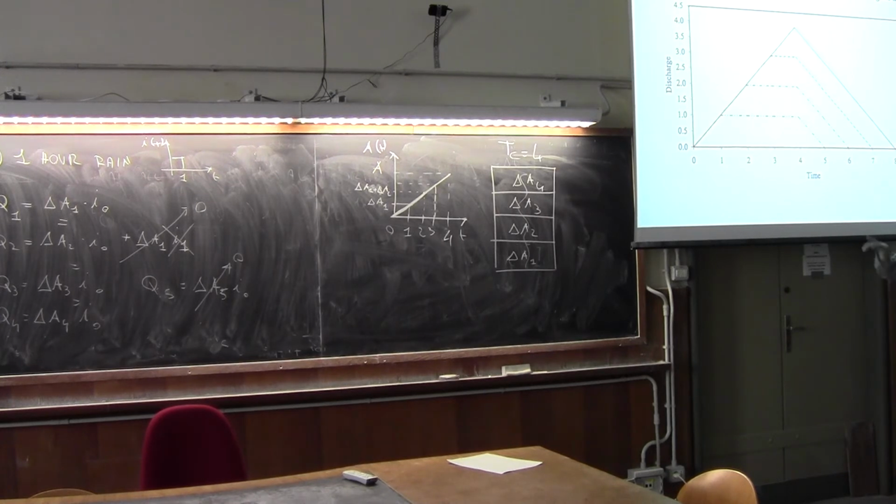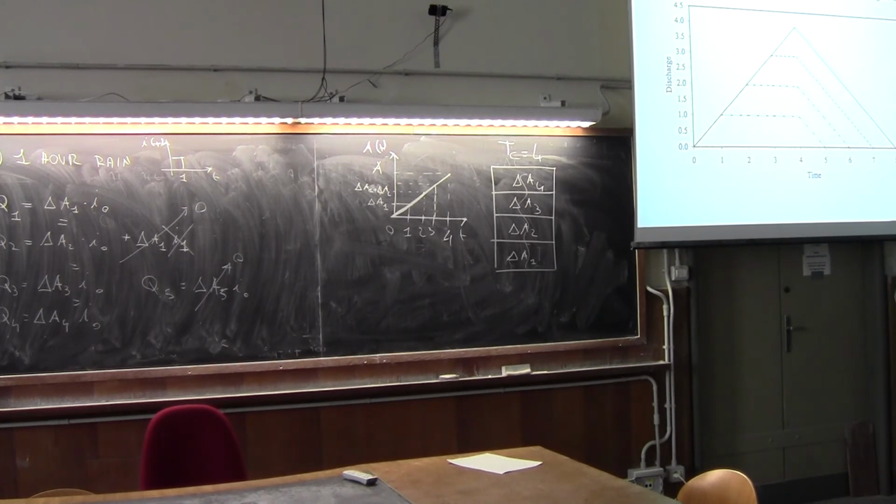Fine. And there is another difference, which is the base time of the hydrograph. The base time of the hydrograph is given by the total duration of the hydrograph. You see that the base time is longer with respect to the previous case. Why that? Because the base time of the hydrograph is given by the time of concentration plus the rainfall time.